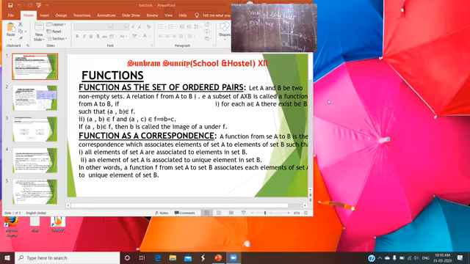First one is f(x1) equal to f(x2) implies x1 equal to x2, then f is a one-one function. For the same value of the function, if the elements belonging to the domain of f are also the same, then f is said to be a one-one function.